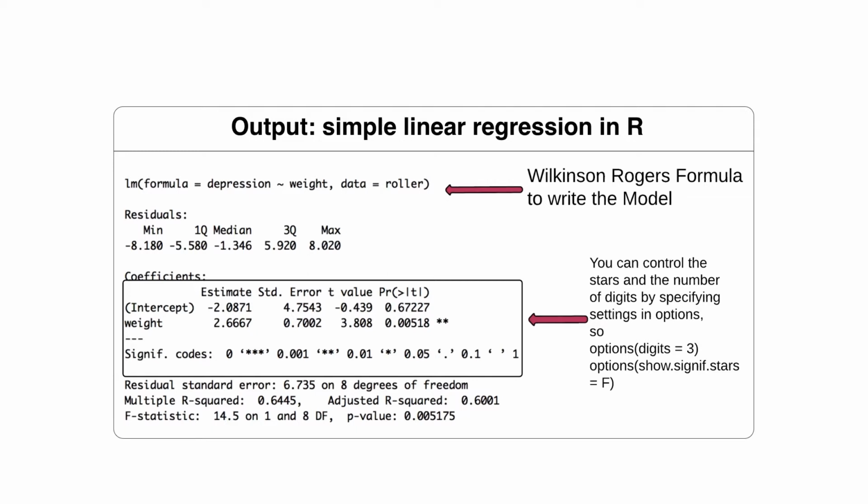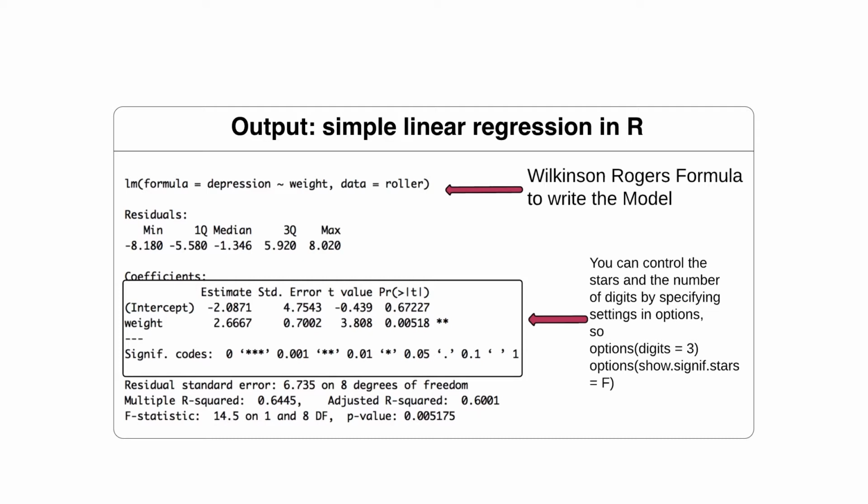So the first entry is an intercept, and then the second entry row-wise is the specification of the explanatory variable. The first column of that table is the estimate of the regression coefficients. So you see that for the intercept, the beta coefficient is -2.087. It comes up with a standard error, it gives a t-value, and it gives you a probability estimate based on this.